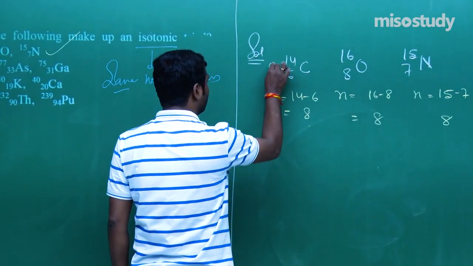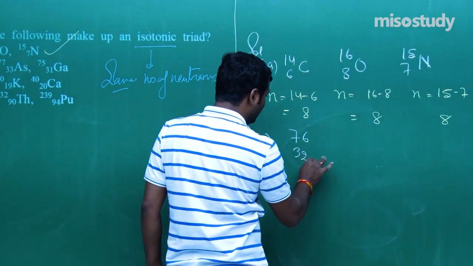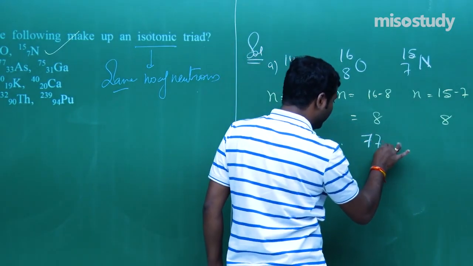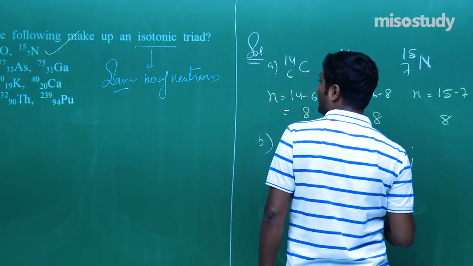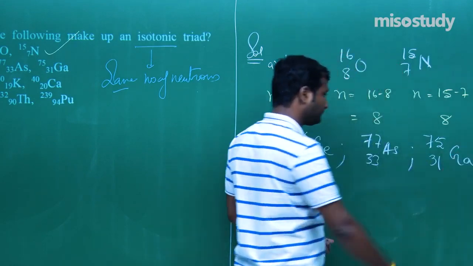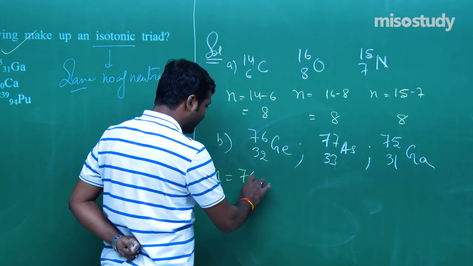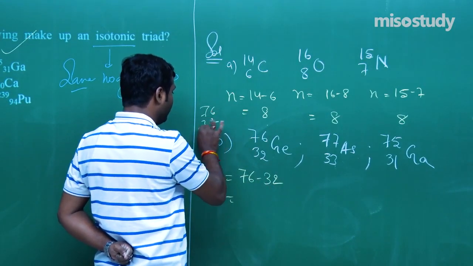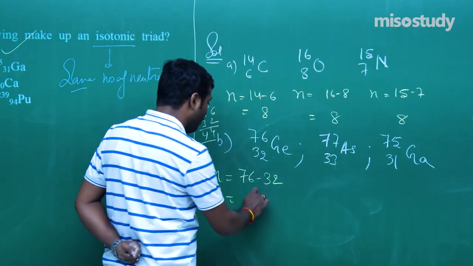Now check option B. Germanium-76 with atomic number 32, arsenic-77 with atomic number 33, and gallium-75 with atomic number 31. In this case, the number of neutrons is 76 minus 32, which is 44.